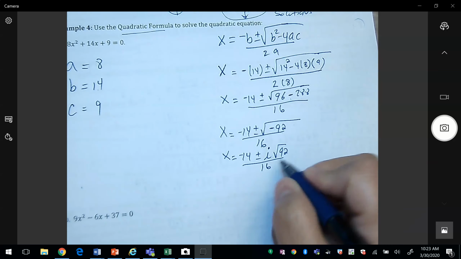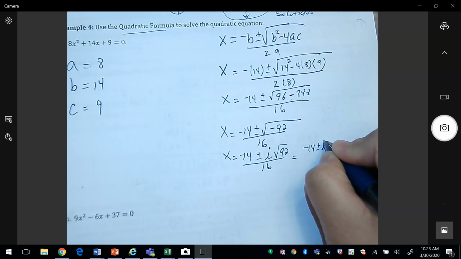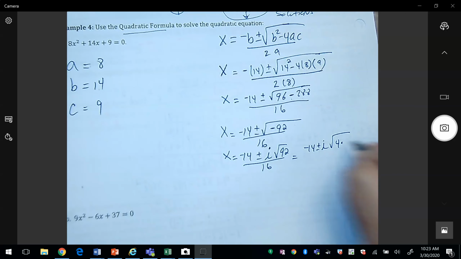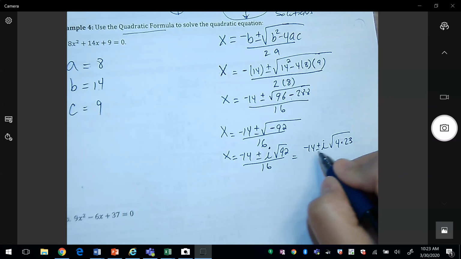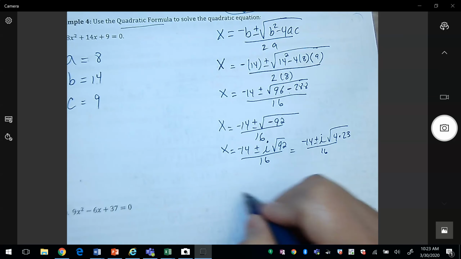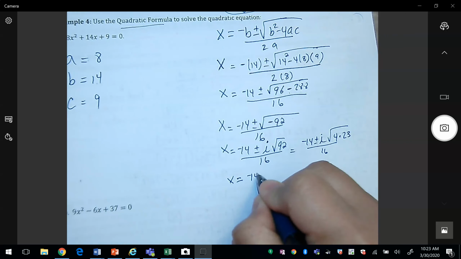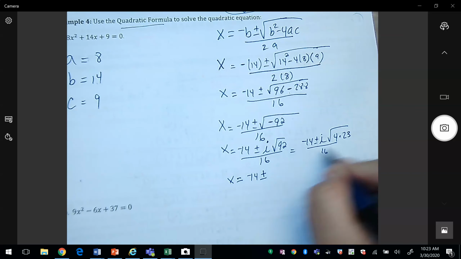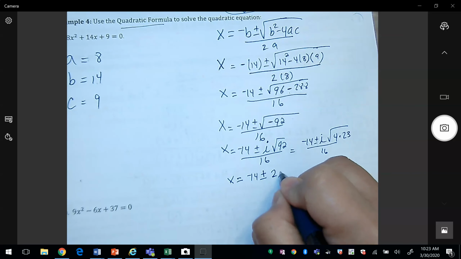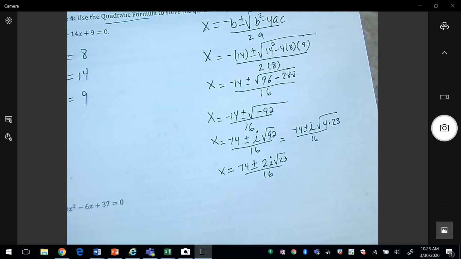So we can rewrite 92 as 4 times 23, divided by 16. And so my answer comes out as negative 14 plus or minus, the square root of 4 is 2, square root of 23, divided by 16.